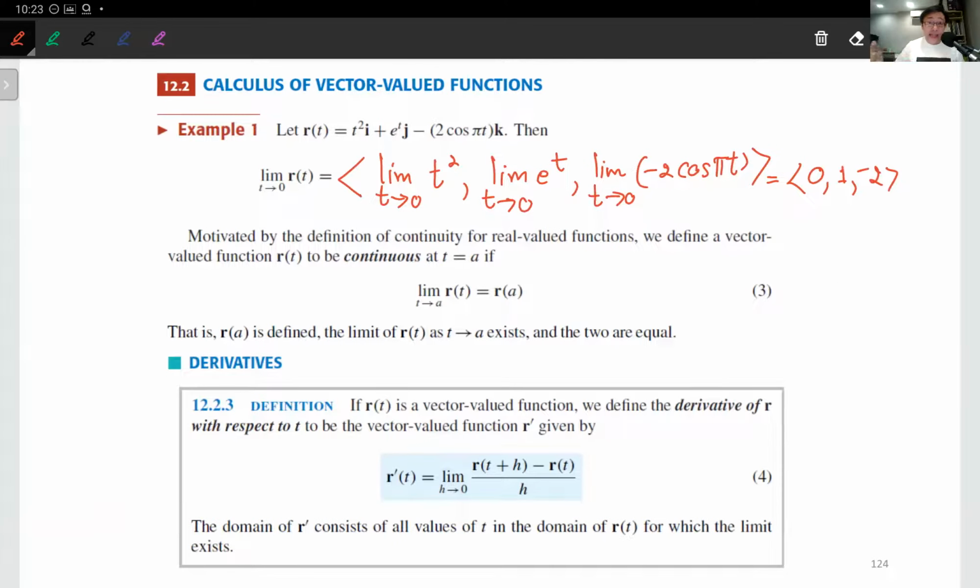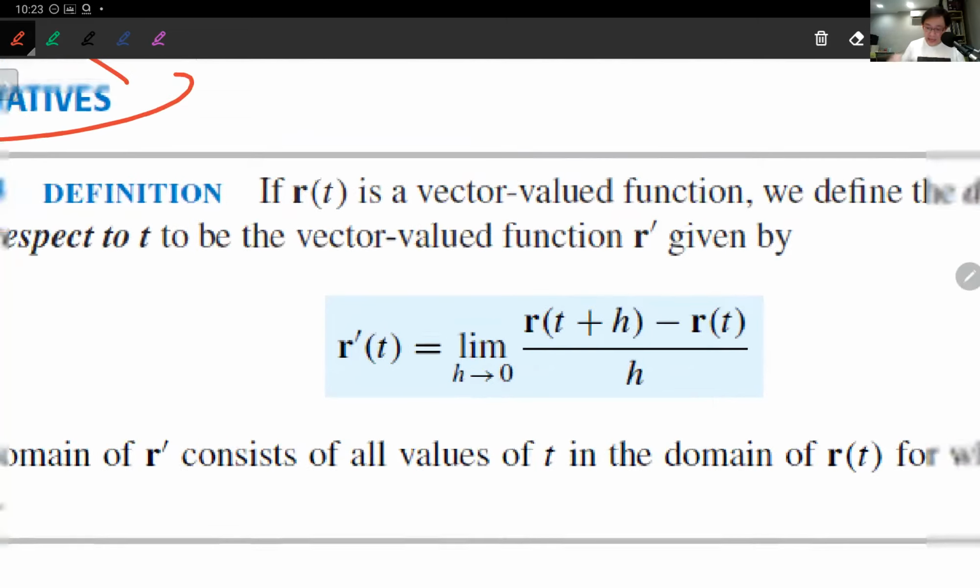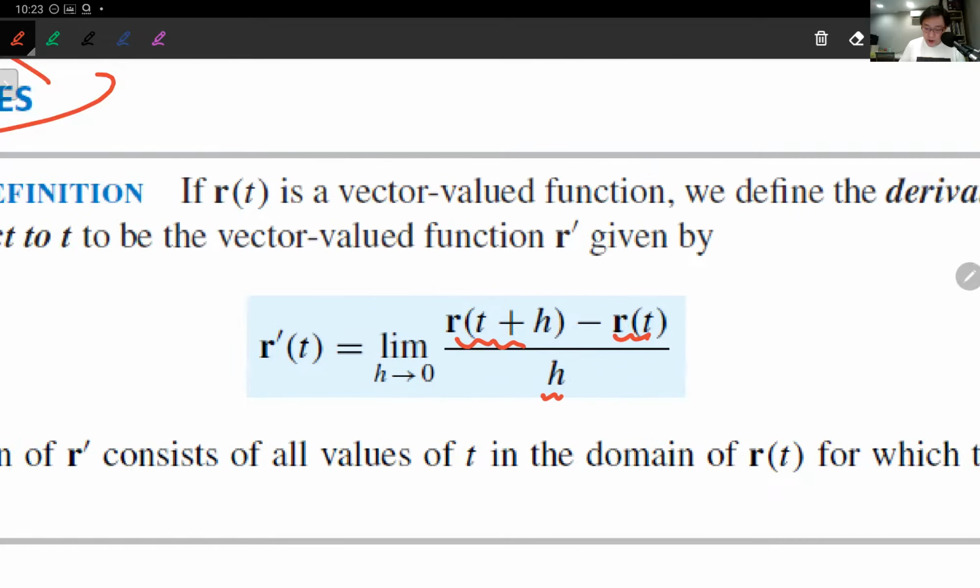You see the similarity to what you did before in 116. Back in 116, you started by talking about continuity, taking the limits, doing the difference, and then eventually that leads to derivatives. The derivative is just, back in the day, the change of the function divided by the size of the change. Let me put it on the side.